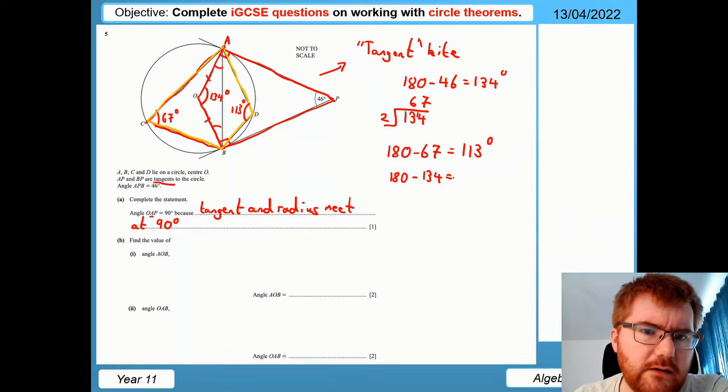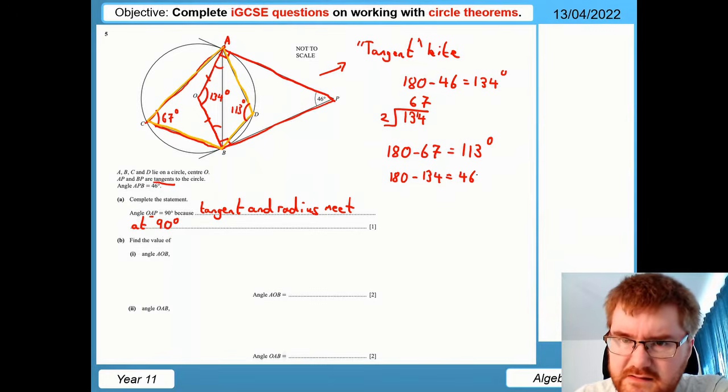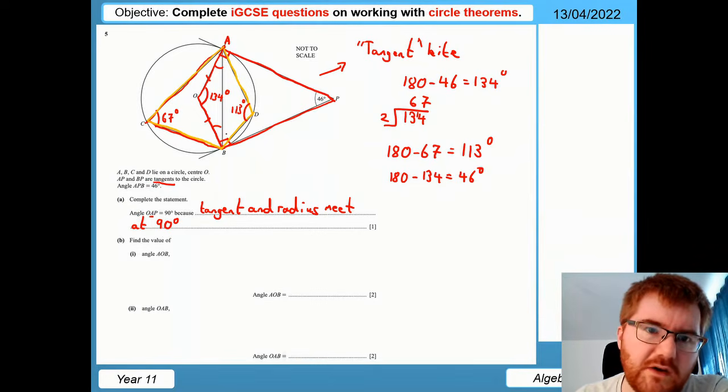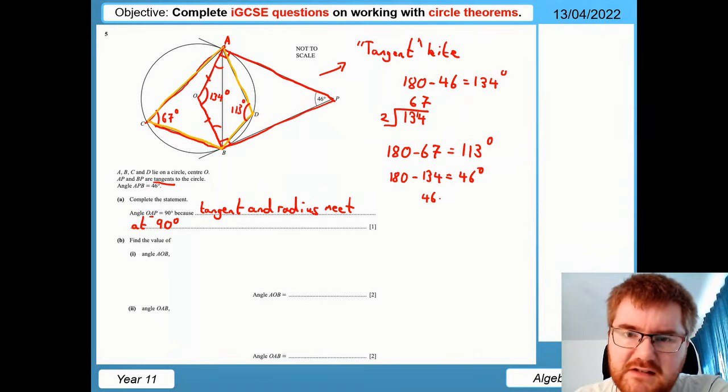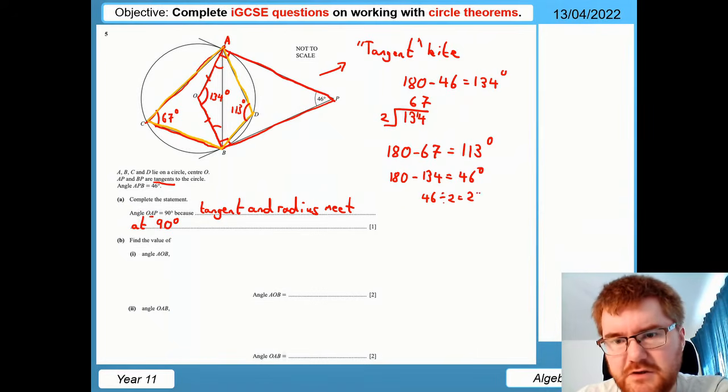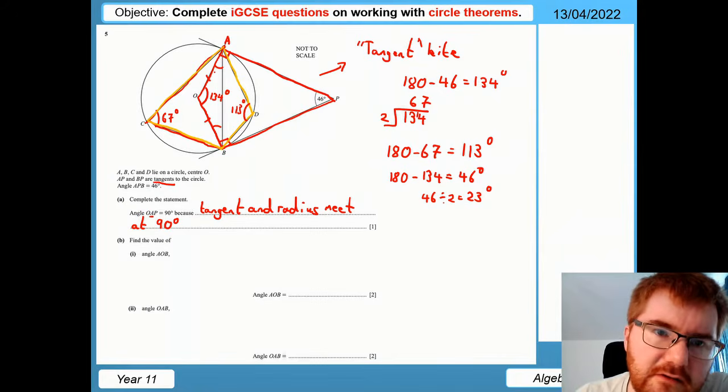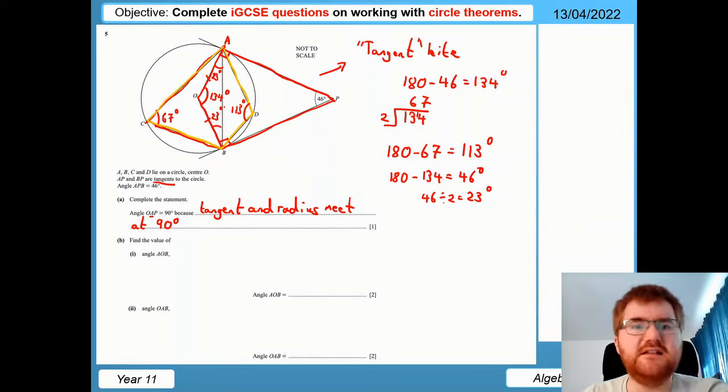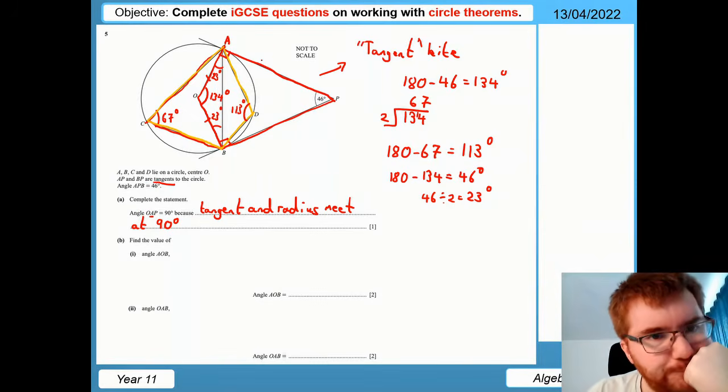That's going to be equal to 46. And then to work out one of these angles, we just then do 46 divided by 2, which is equal to 23. So this angle here is 23 degrees. This angle here is also 23 degrees as well.